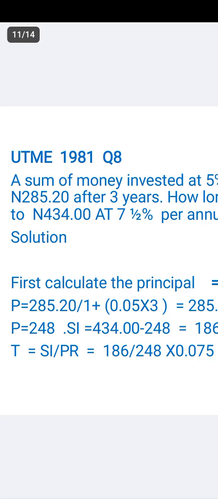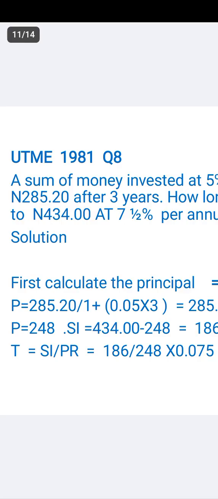Now, the first thing we will do is to find the simple interest, because to calculate the time we need the simple interest, and we can get the simple interest from the amount and what? The principal and the amount.